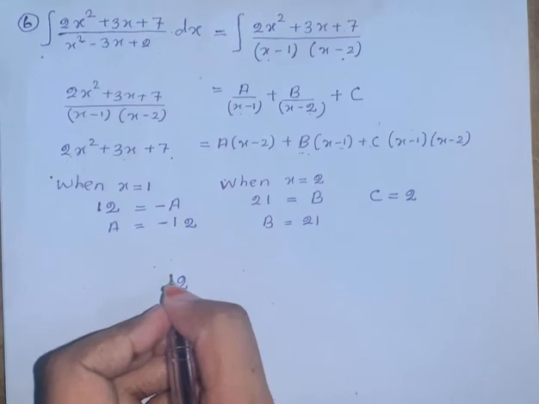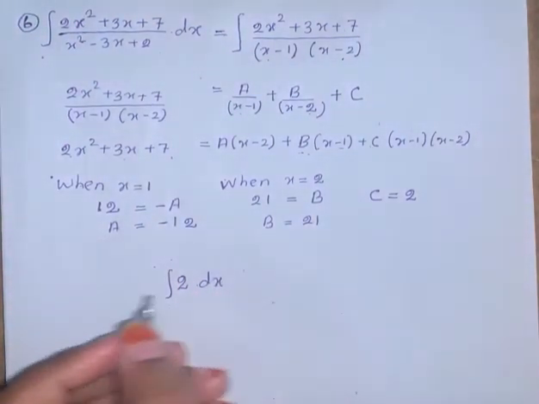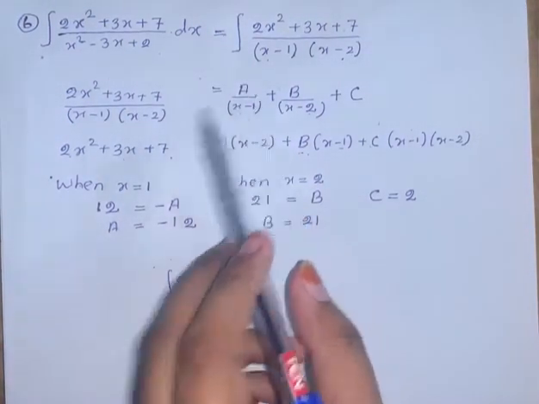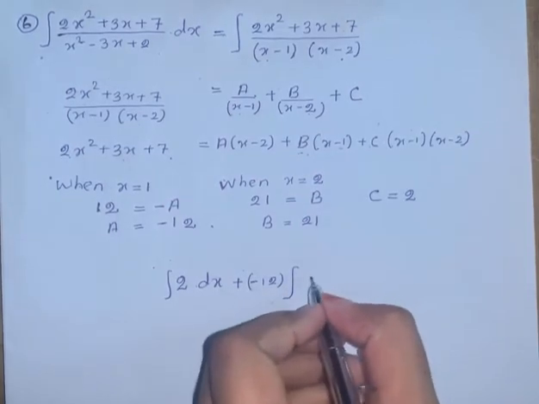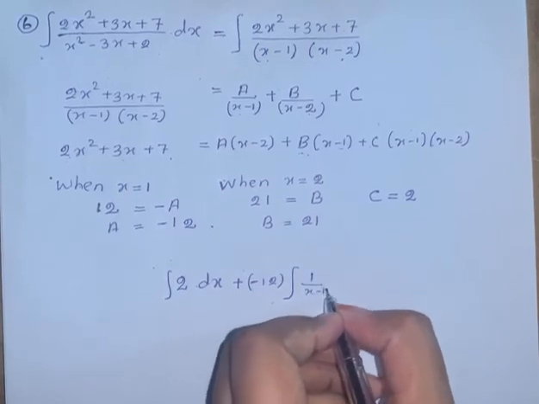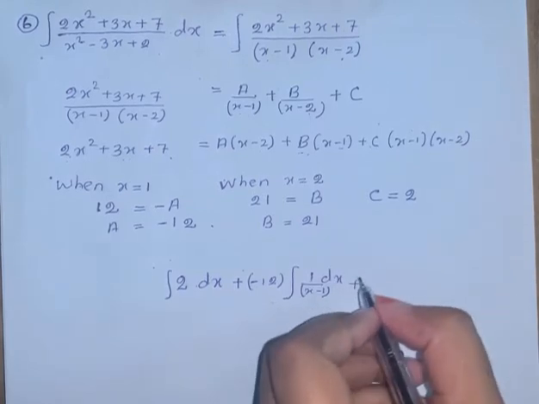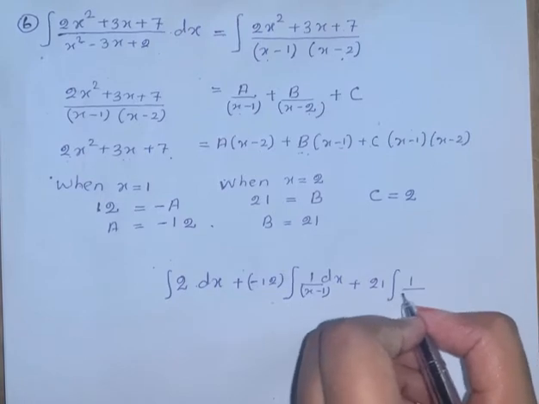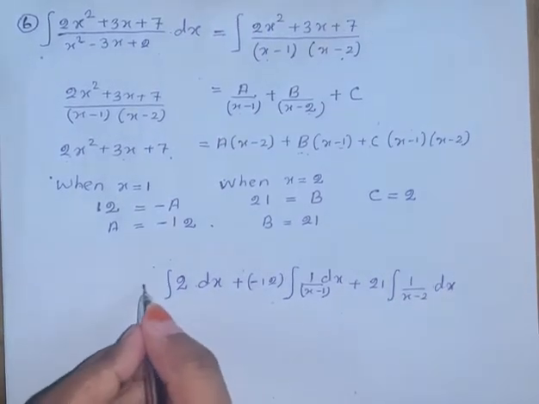So if we write them in integration, 2 is a constant, so 2 into dx plus there will be a minus 12 for b, so minus 12 of integration of 1 over x minus 1 with respect to dx, and plus 21 because b is equal to 21, so x minus 2 with respect to dx.